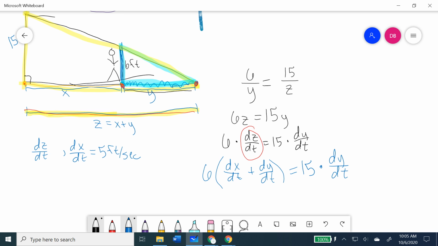Now, what we're going to be able to find is dy/dt, but that's not going to be the answer. We need dz/dt.